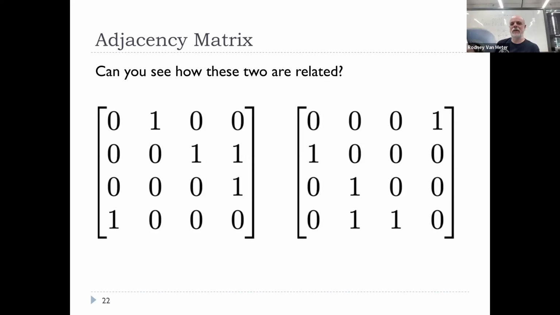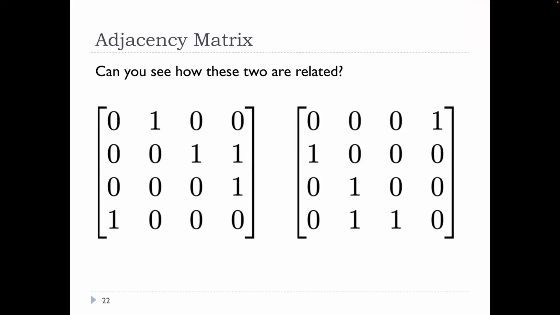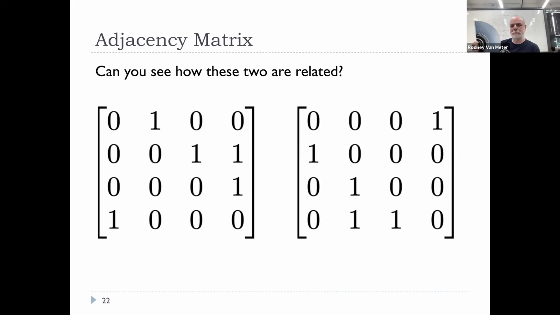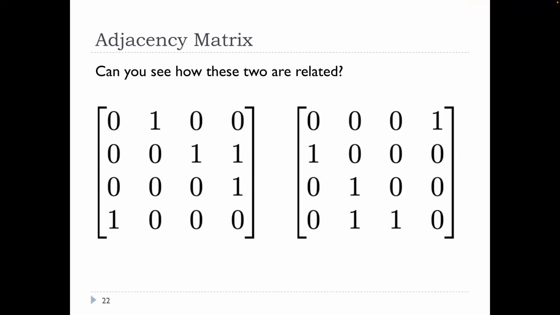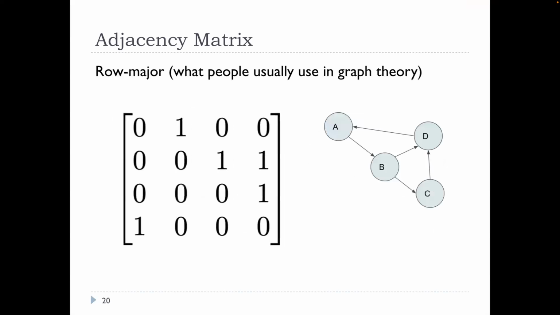One of them is the something of the other. Just looking at the shape, what do you see about the shape, or where the entries are? Do you see a pattern here? I'm trying to look for a pattern. So we have the row major and the column major.